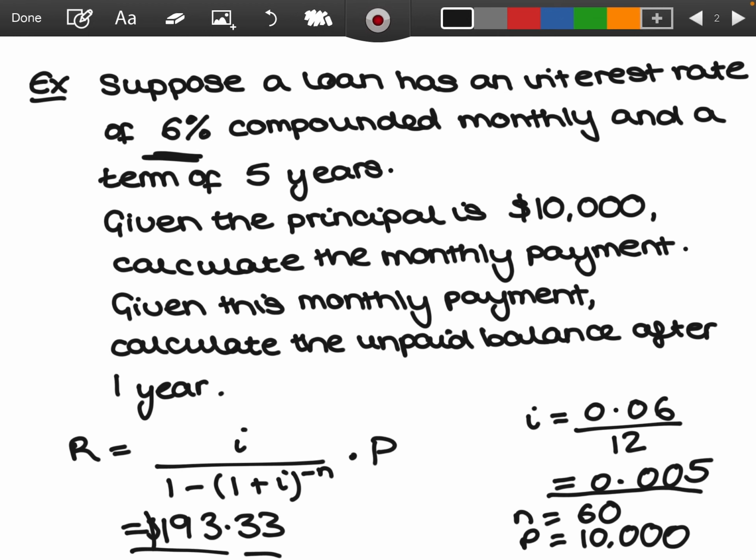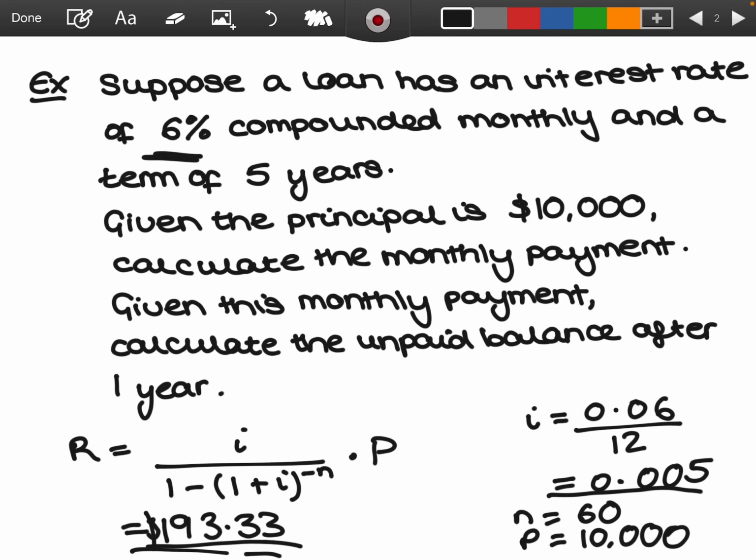So you tend to find at the very start of this payment process, most of this $193.33 that I'm paying, the majority of that will actually be interest. But as you get down the line and you get to your last few payments, the majority of that $193.33 is actually just the principal amount that you have left to pay off.